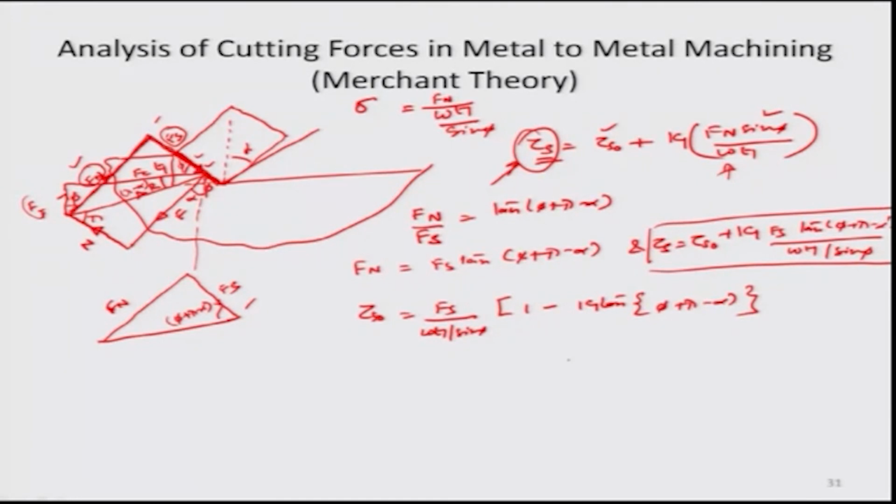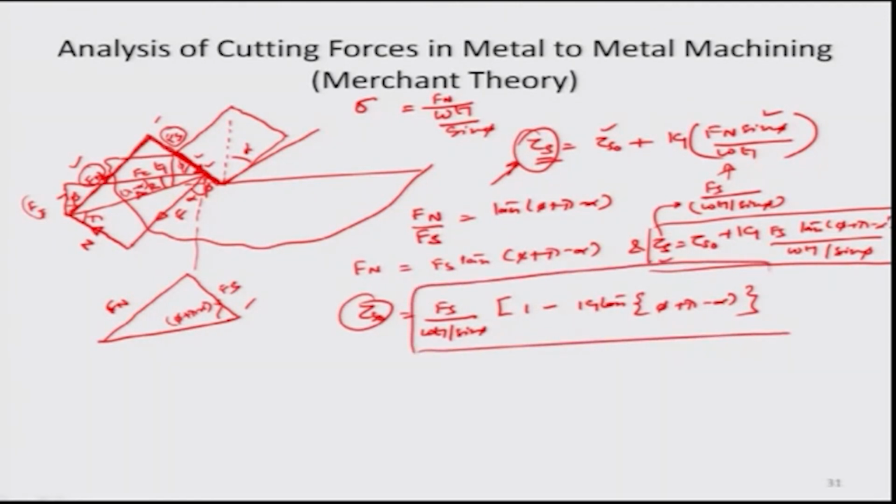The reason being that you have on one side the tau s value, which you can write down simply from the earlier equation as Fs divided by Wt1 by sin phi. So, if you substitute this value in tau s, the tau s0 value from this substitution comes out to be Fs by Wt1 by sin phi, times 1 minus k1 tan phi plus lambda minus alpha.